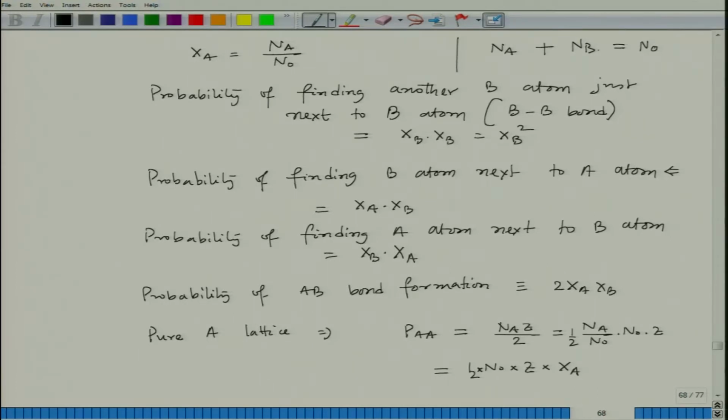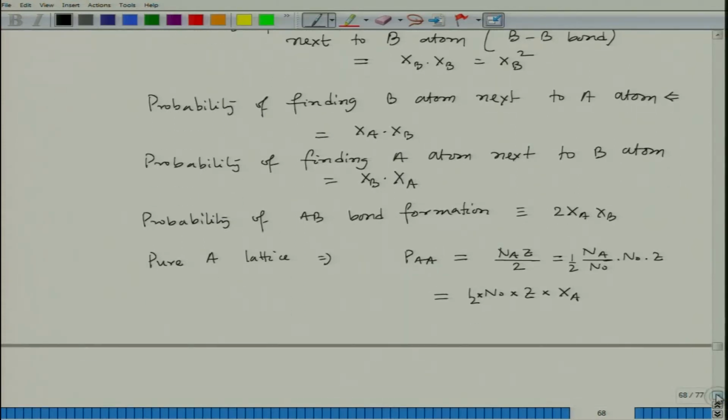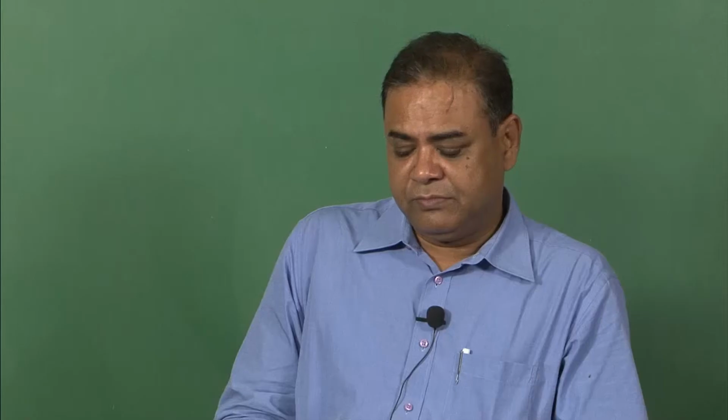Now, this is the number of AA type bond in the pure case, but once we consider a mixed situation, that means we have A type of atom as well as B type of atom, both present in the crystal which is formed after mixing A atom as well as B atom.